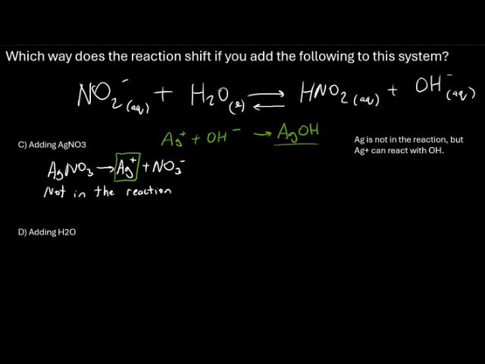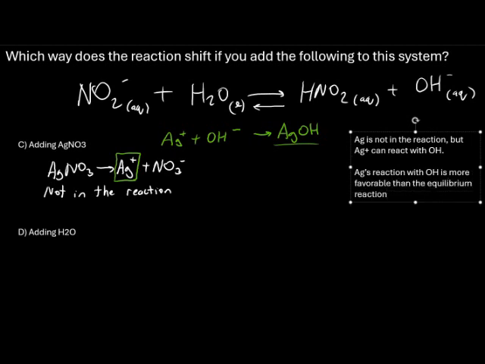Now this reaction is very favorable. In fact, it's more favorable than the equilibrium. Therefore, we are going to produce a lot of AgOH. The upshot of producing all the AgOH is that we're going to remove all of the OH- from the system, and therefore we are removing something from the right.